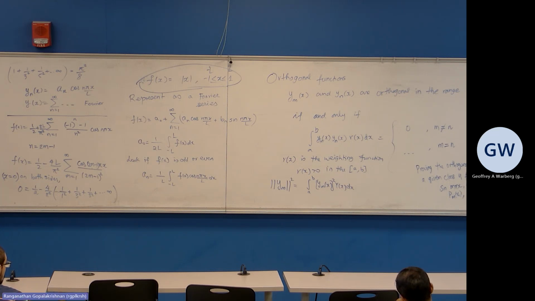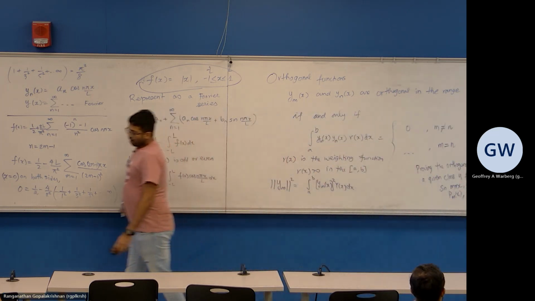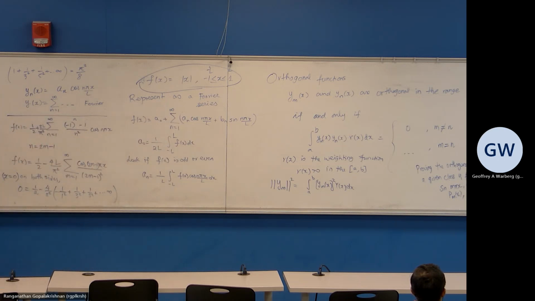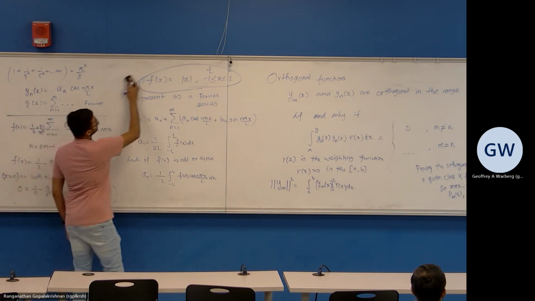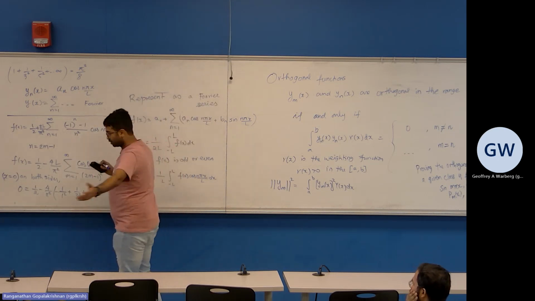Of course, outside the exam, what is the use of proving this orthogonality? Forget the exam for a second. Why would you want to prove the orthogonality of a class of functions? So you can use them as basis functions. Good.